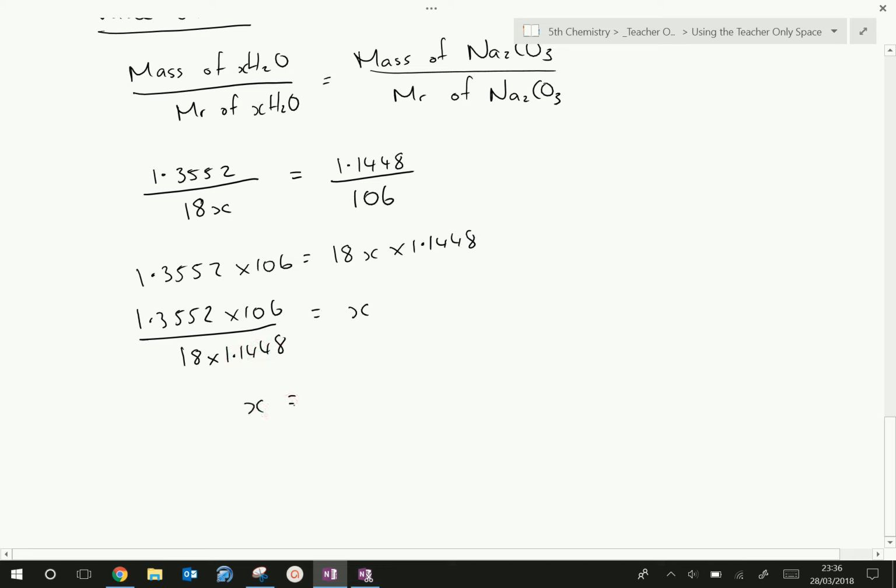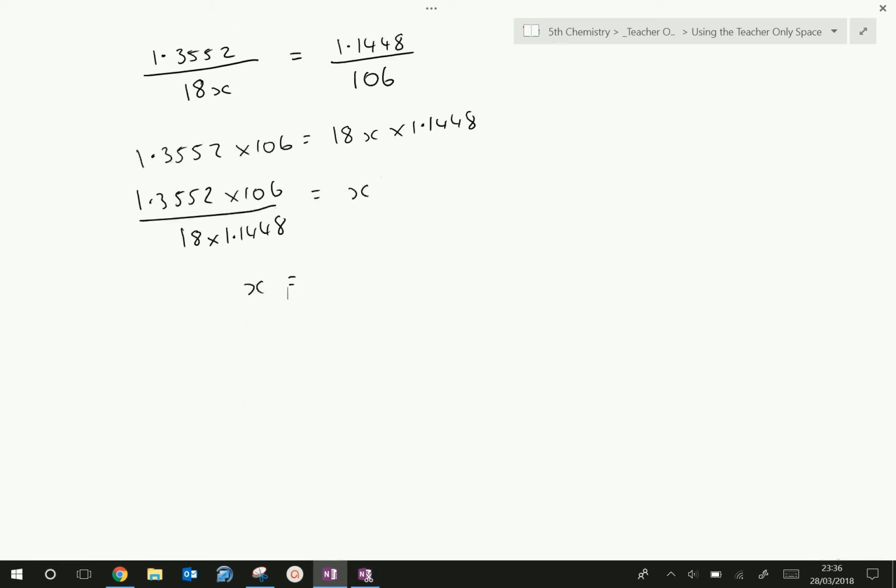And we end up finding that x is 6.97, and we usually round that to a whole number, so x is roughly 7.